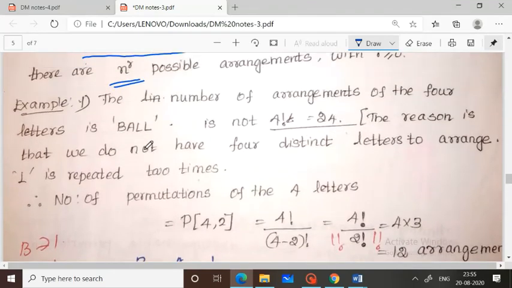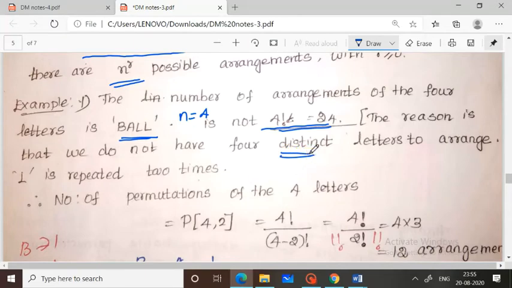Let us consider an example with the word BALL, B-A-L-L. Can you say that the letters are distinct? In the previous example, COMPUTER has distinct letters, but here BALL is not distinct. So I can't say that the permutation answer is 4 factorial, where n is equal to 4, because we do not have 4 distinct letters.